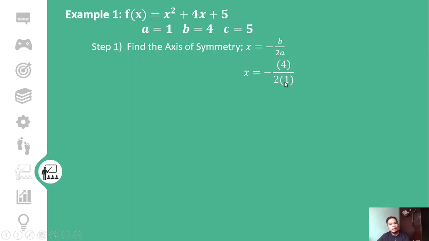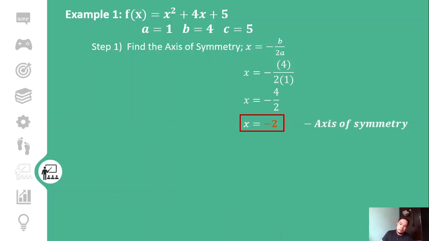Then let's multiply 2 and positive 1. Okay, so that is 2. Then copy the numerator, which is negative 4. Okay, so we have x equals negative 4 over 2. Then let's simplify negative 4 over 2. Kapag sinimplify natin yan, that will give us negative 2. Okay, so the axis of symmetry is x equals negative 2.